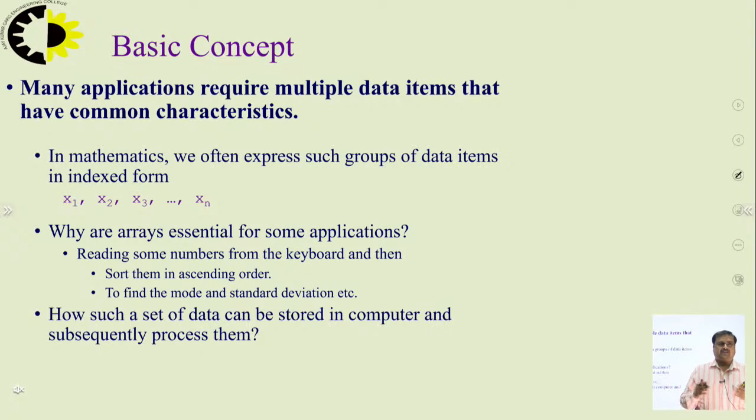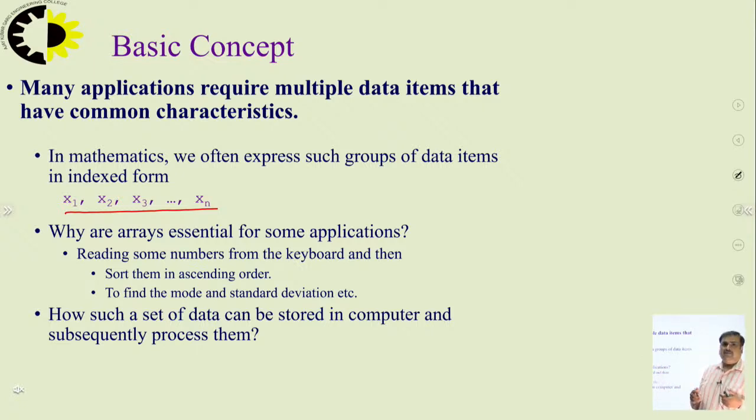So these 60 students' marks need to be stored in a data structure, and all the marks are of the same category. So rather than creating a variable for each thing, we can create a collection, a list, a vector of values. So these arrays are basically essential.